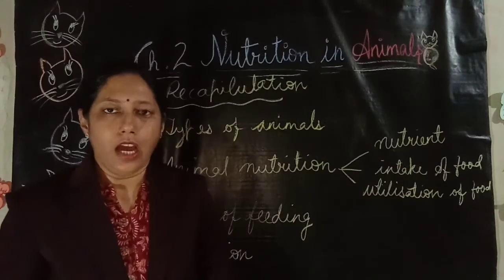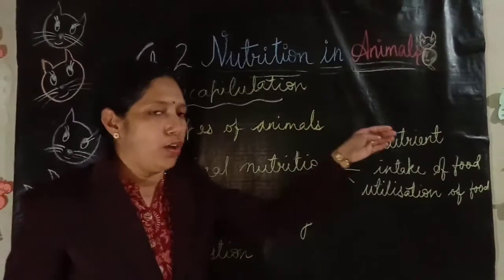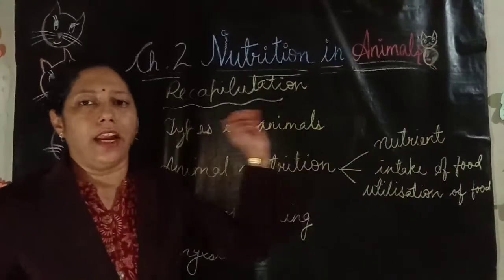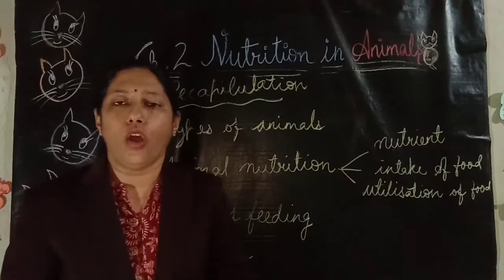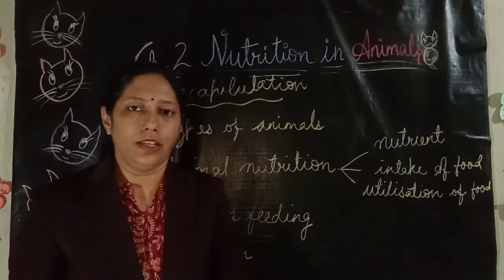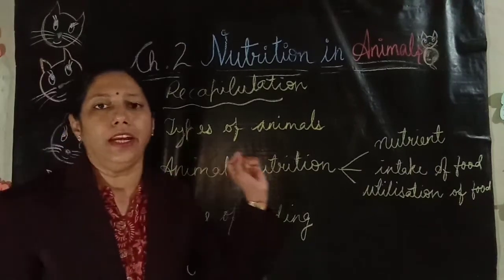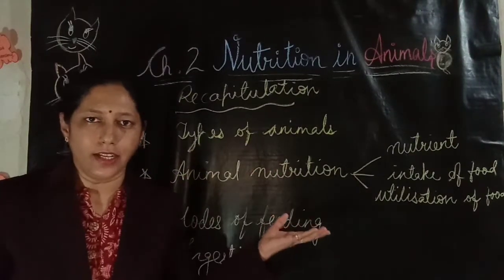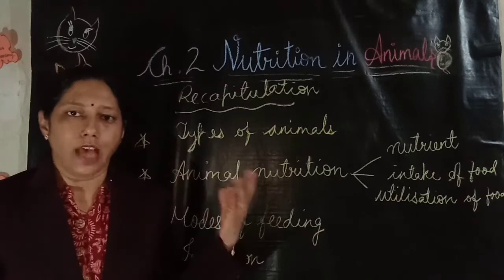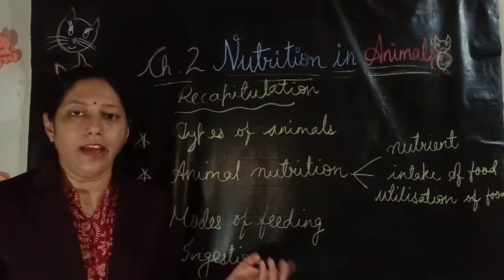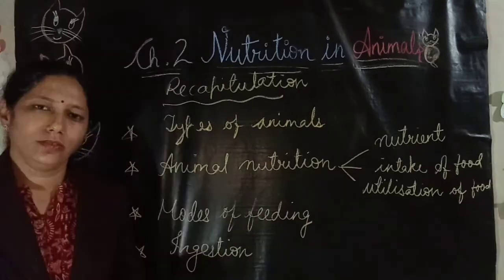Then we learned about the intake of food. Under this topic, we learned that there are different modes of intake of food in different organisms. We learned about modes of feeding like sucking, sponging, siphoning, scraping, capturing, filtering and chewing.